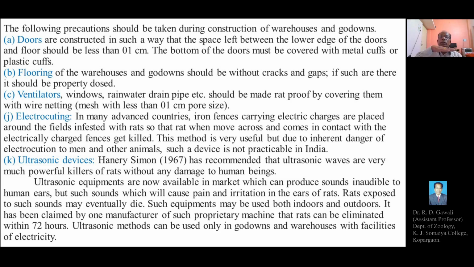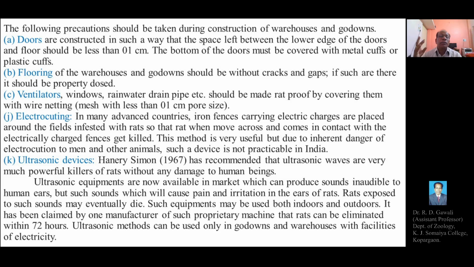Then flooring: the entire floor of the warehouses and godowns should be without cracks, crevices or gaps, and if such are there, they should be properly closed using cement, concrete or suitable material.